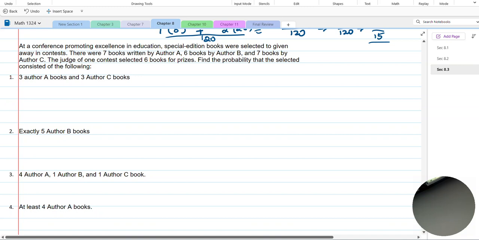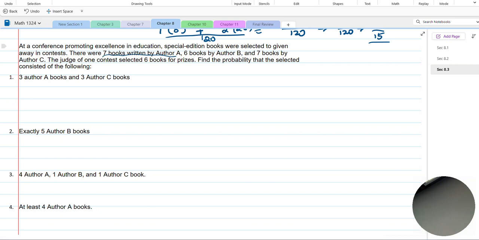And this long one is about books and authors of books and what happens when we want to find the probability. A conference promoting excellence in education, special education books were selected to be given away in contests.